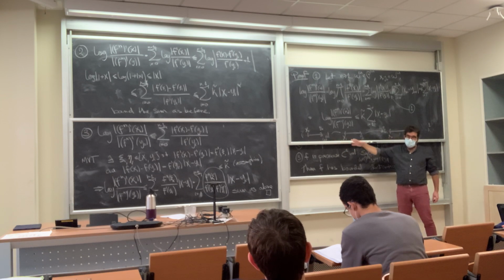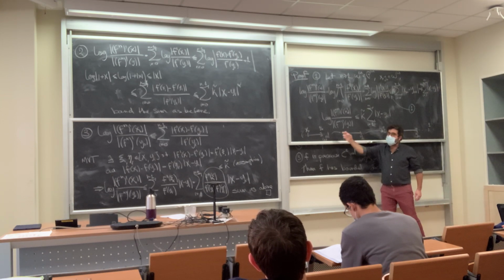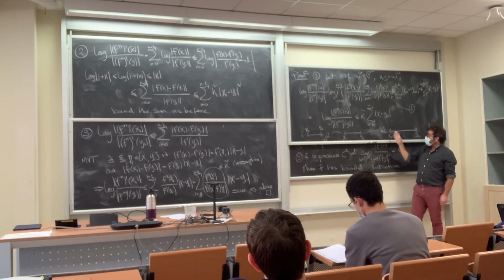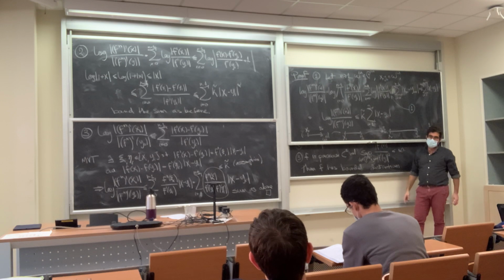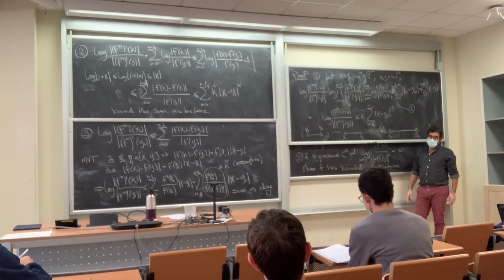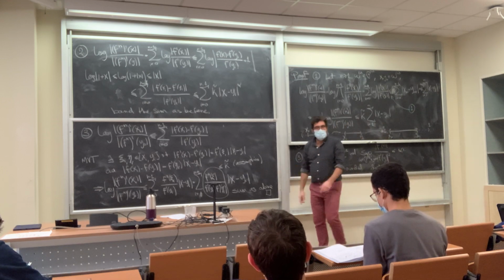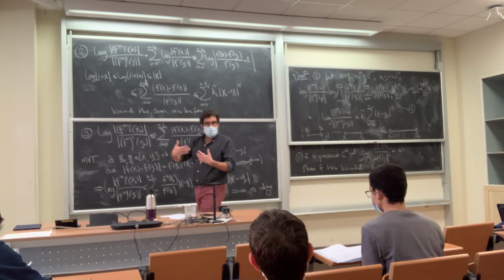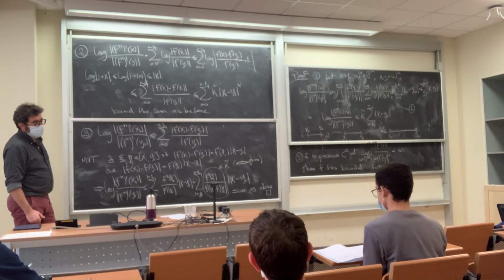If you just have a fixed bound, then you can say each of these individually is less than half of this, but the sum of them might still diverge. So you really need them to be, not exponentially, but somehow you need them to be summable in a uniform way. Yes.